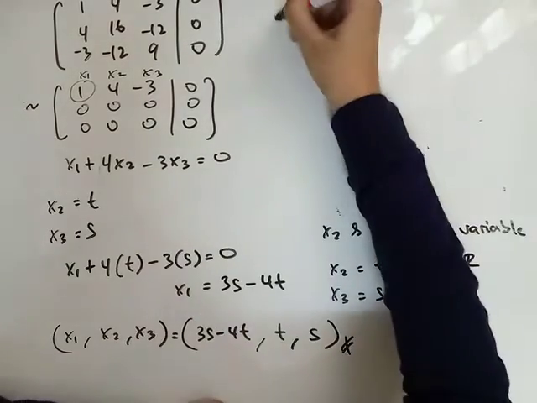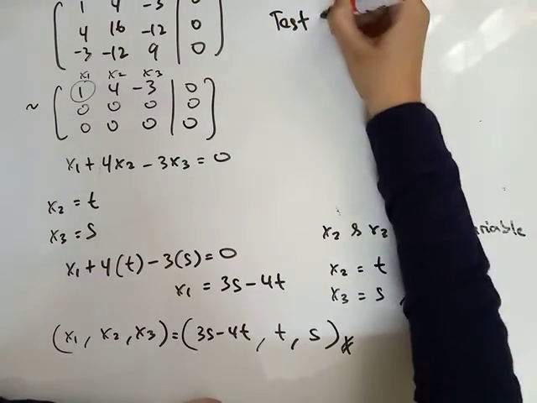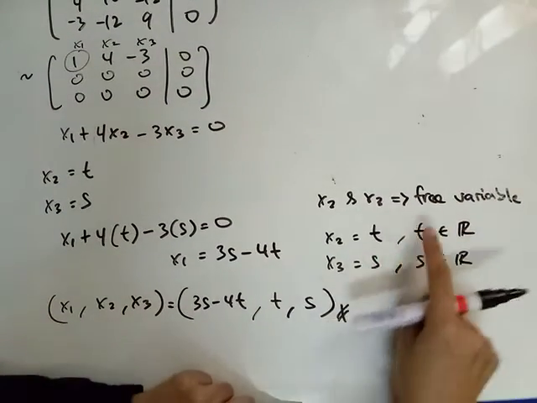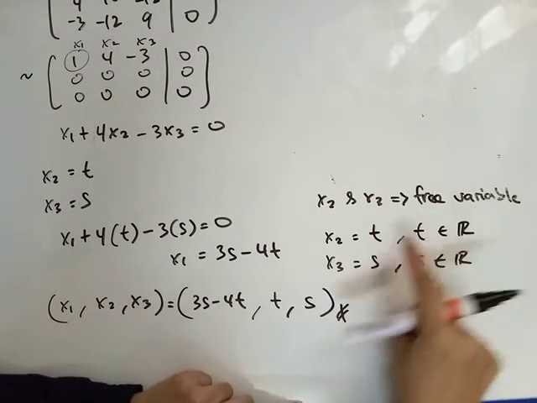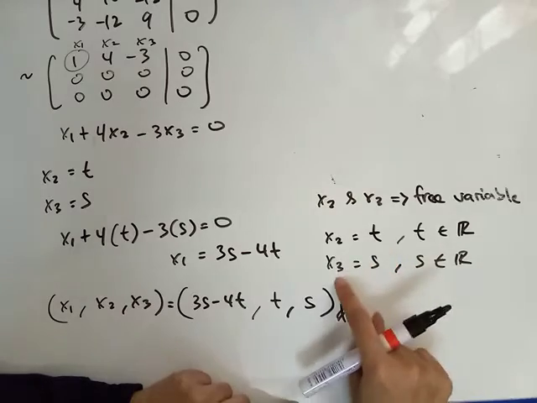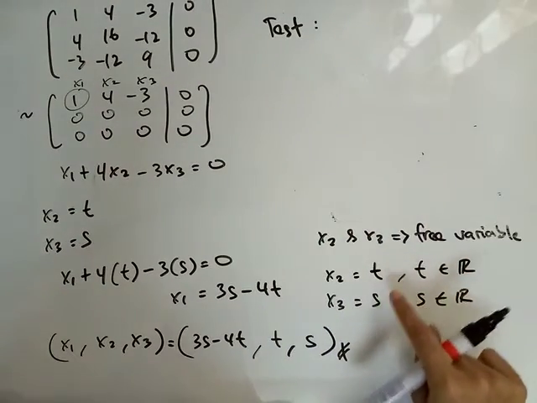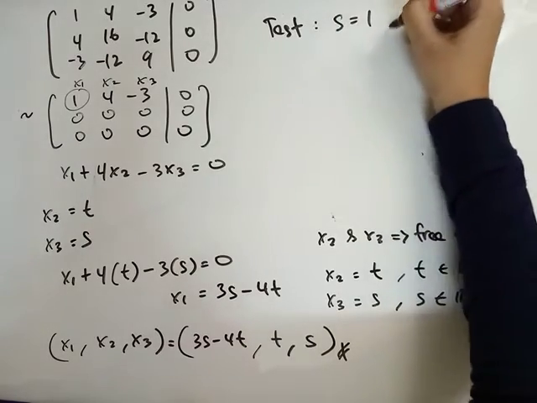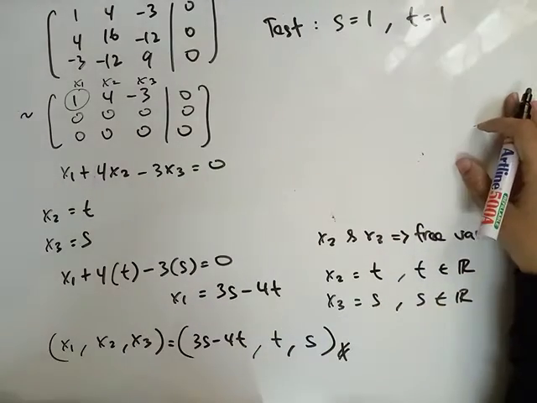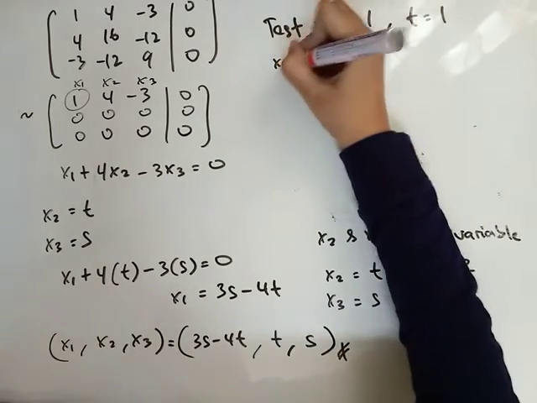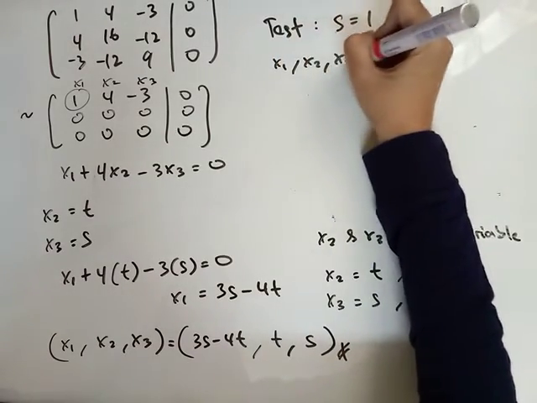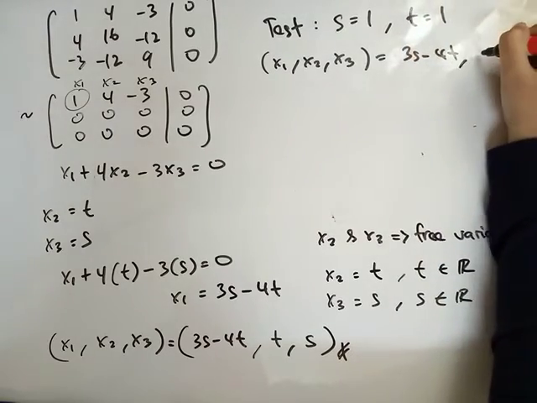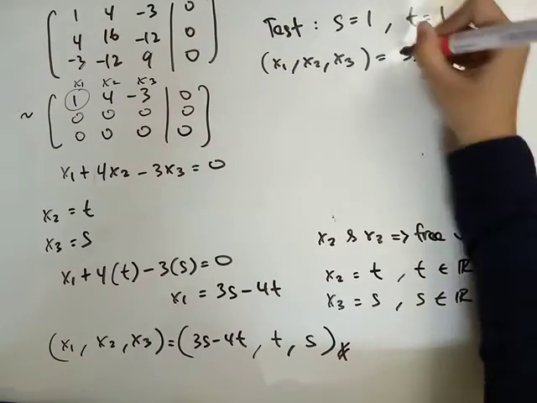Since x2 and x3 are free variables, I have let x2 be t and x3 be s, so we can let any numbers here. Let's say I let s equal 1 and t equal 1. We know that x1, x2, x3 equals 3s minus 4t, t, s.